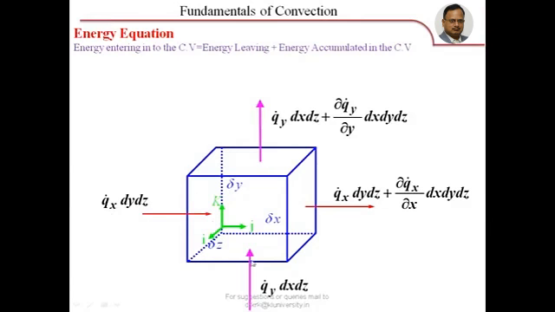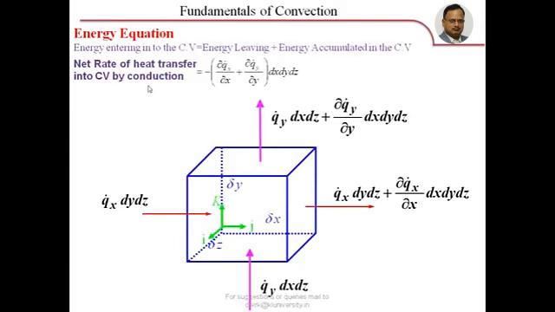Energy entering in x direction and y direction, and energy leaving in x direction and y direction. The z direction I have already neglected, because most of the time when fluid is flowing over a body, we will have the variation only in x and y direction. The z direction variation is negligibly small, so let us consider only two dimensions.